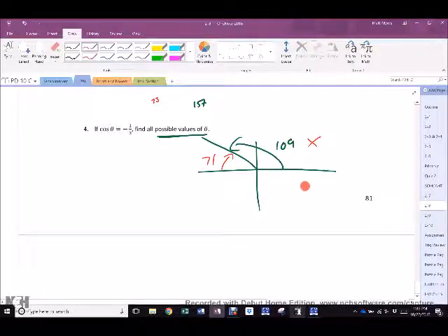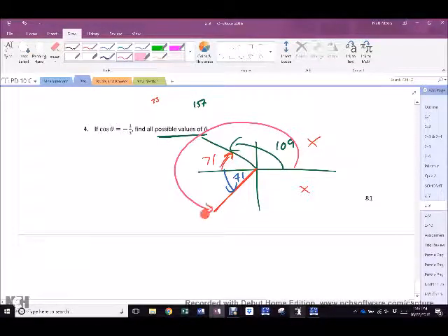Yeah. Can it be here? No. Because cos is positive in there. C-A-S-T. So here is where the other cos must be, correct? If this is 71, what's this? 71. So what then is this?